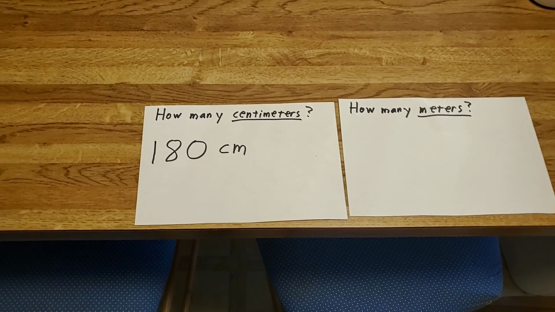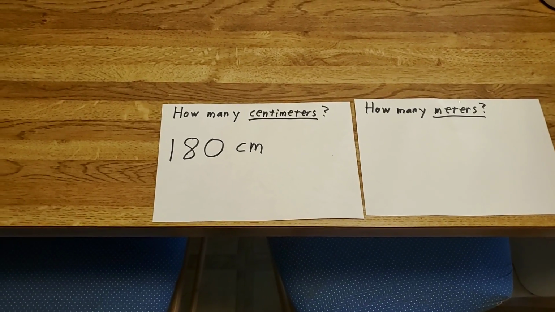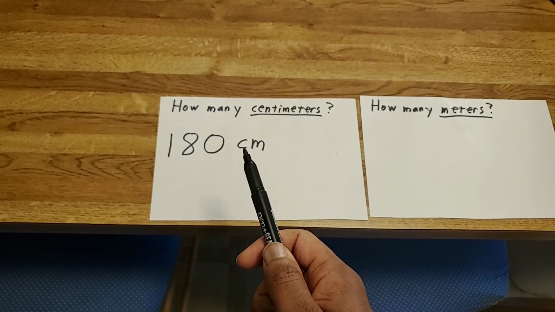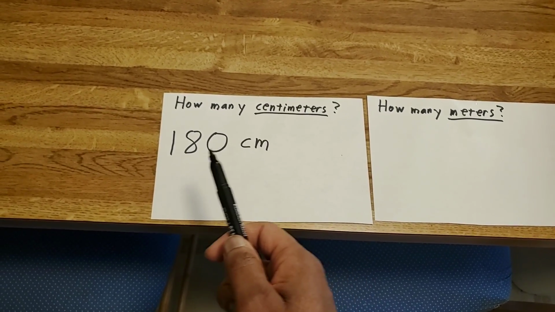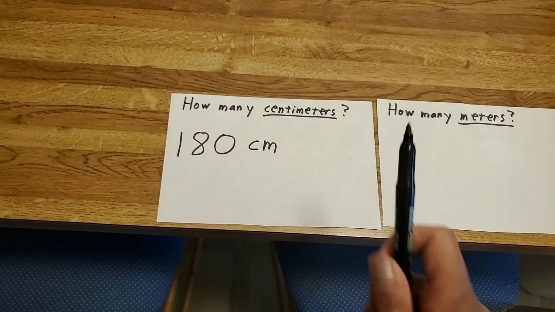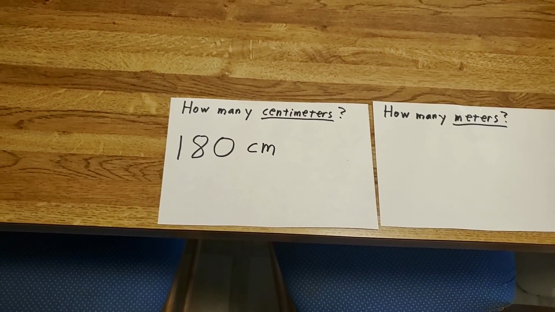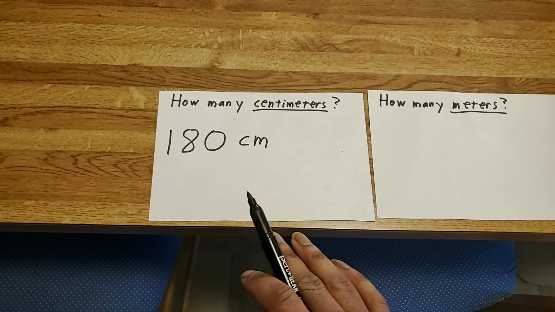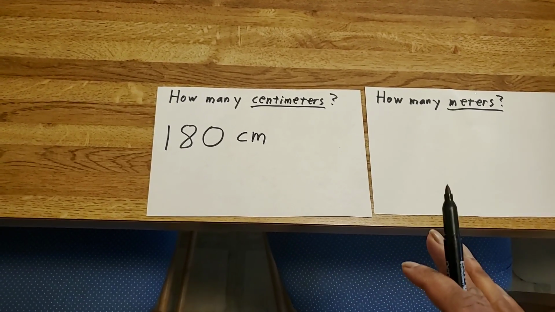We just went over this a couple of minutes ago. I want everybody to look at the centimeter. We're taking all these centimeters and breaking them up into meters. How many centimeters are in 1 meter?